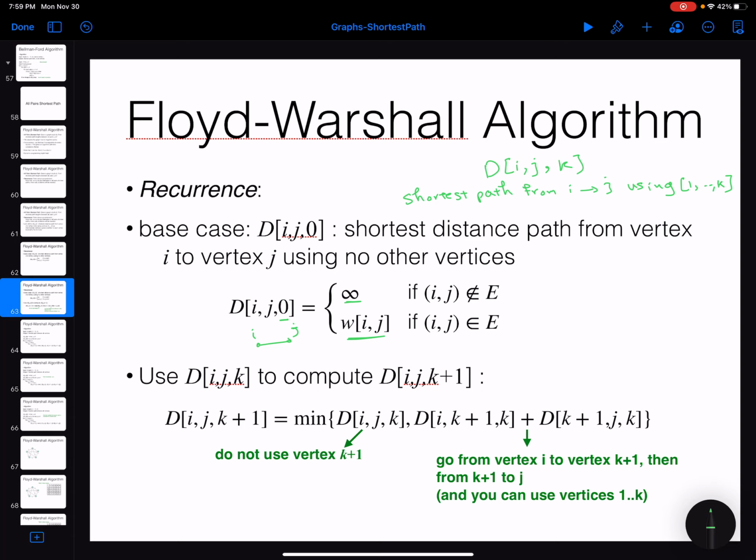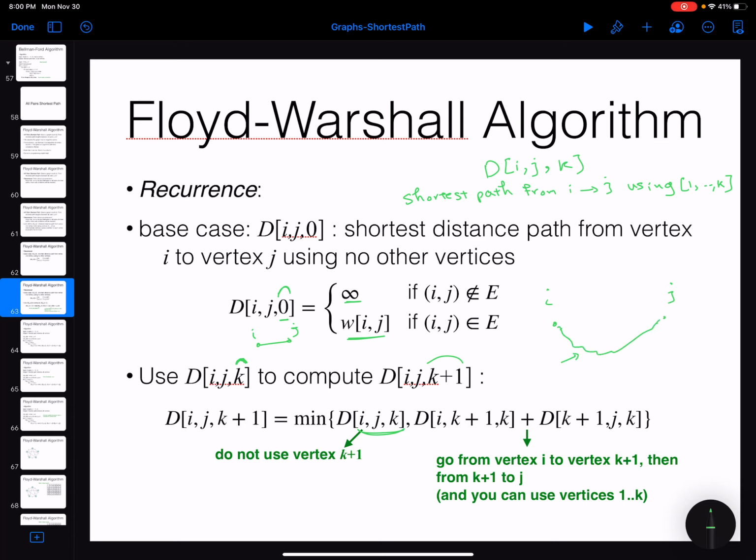When you are using any value greater than 0 for K, for example K plus 1, you can either use D of I, J, and K. So basically you are saying that, okay, I don't want to use the node number K plus 1. This is I, this is J, and I already know what the path is.